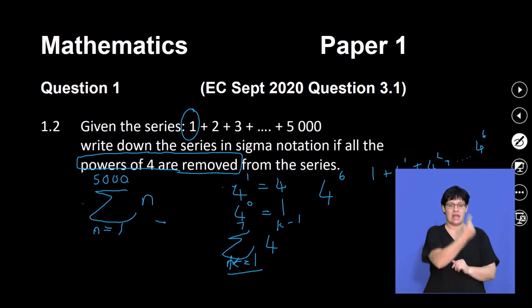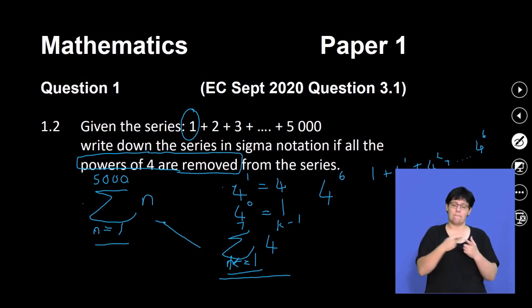Each time we substitute into k, we get 4 to the power of 0, then 4 to the power of 1, and so on. For the final answer, we just subtract this sum from that sum, so I'm putting a big minus sign in between them. You can write it nice and neatly: the sum of the first 5,000 natural numbers minus all those powers of 4.